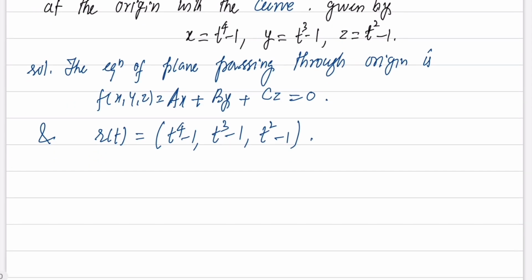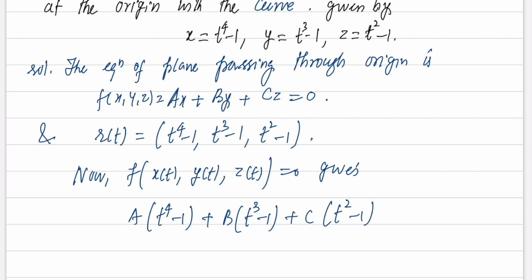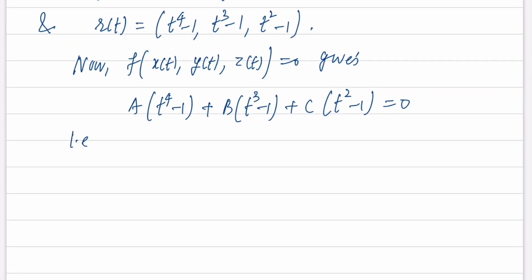So now first we eliminate this x, y, z from the function f(x, y, z). So f(x(t), y(t), z(t)) = 0 gives us a(t^4 - 1) + b(t^3 - 1) + c(t^2 - 1) = 0. That is, a t^4 + b t^3 + c t^2 - a - b - c = 0.